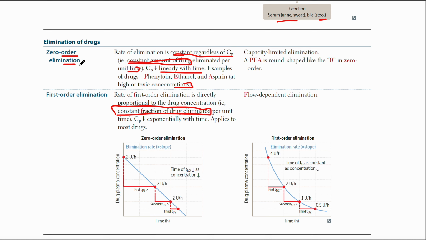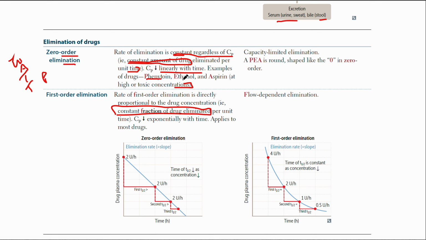So you can remember zero order kinetics drugs as 0 watt power, WATT. W is warfarin and heparin, A is alcohol and aspirin, T is tolbutamide, T is theophylline, and P is phenytoin.